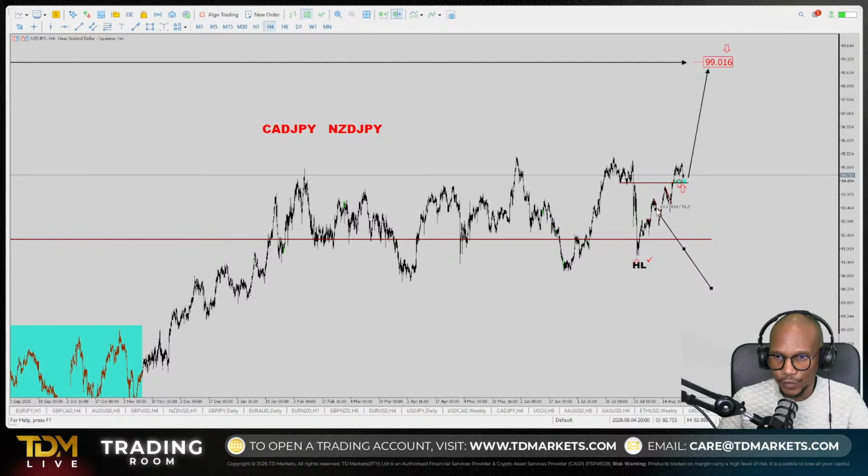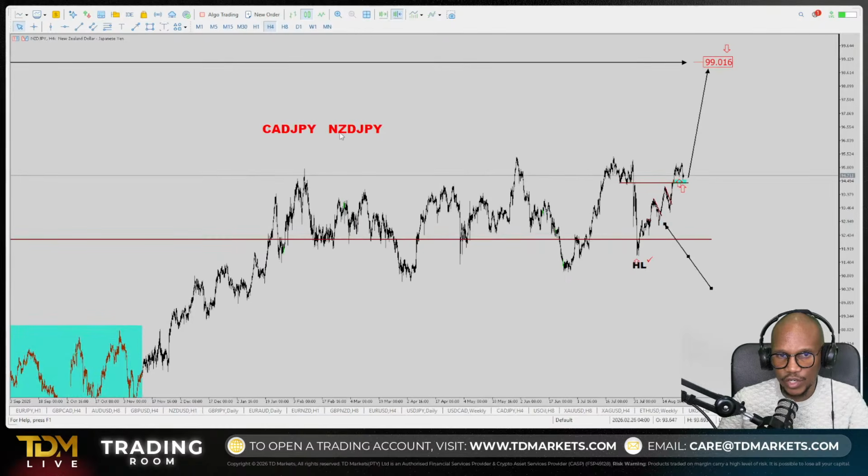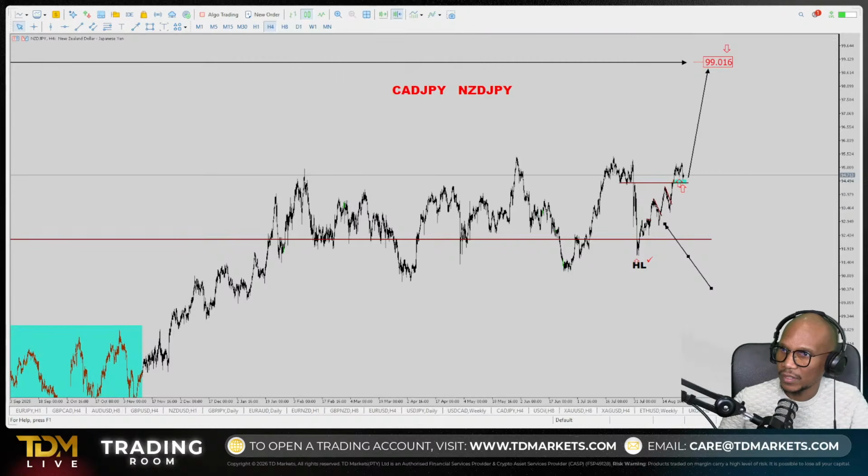If you guys remember, we spoke about NZD JPY when it was going up here. We said this thing is going to go up, so it has gone up. CAD JPY as well, when it was around these areas, we said it is going to go up, and it has gone up, but this move towards the upside is not complete. So NZD JPY, CAD JPY, these are my top two.